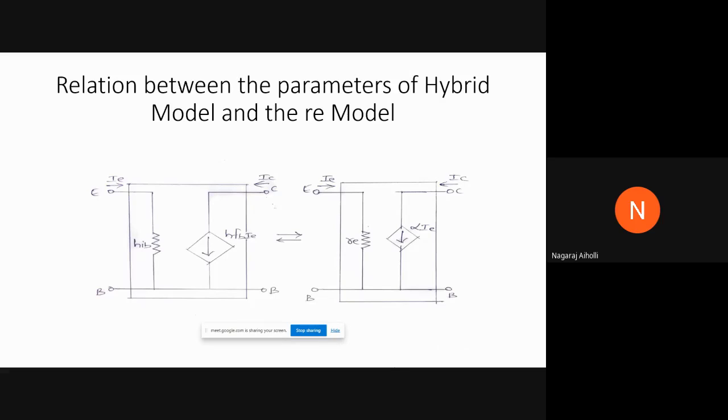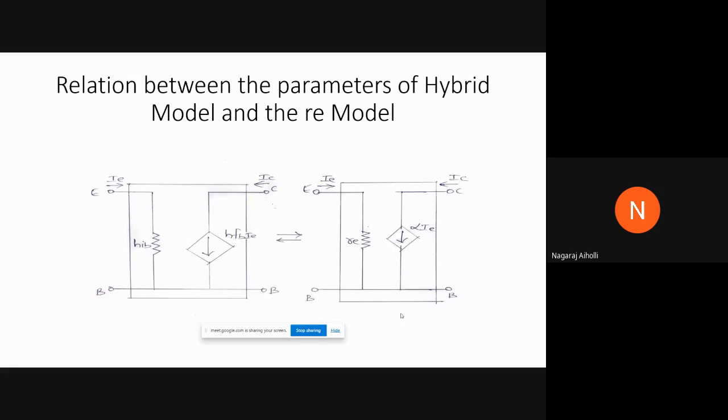Therefore, we have to consider that RE also, and that is slightly complex. That is not mentioned, therefore we are not considering it for the relation between parameters of the hybrid model and the RE model for the common collector configuration.